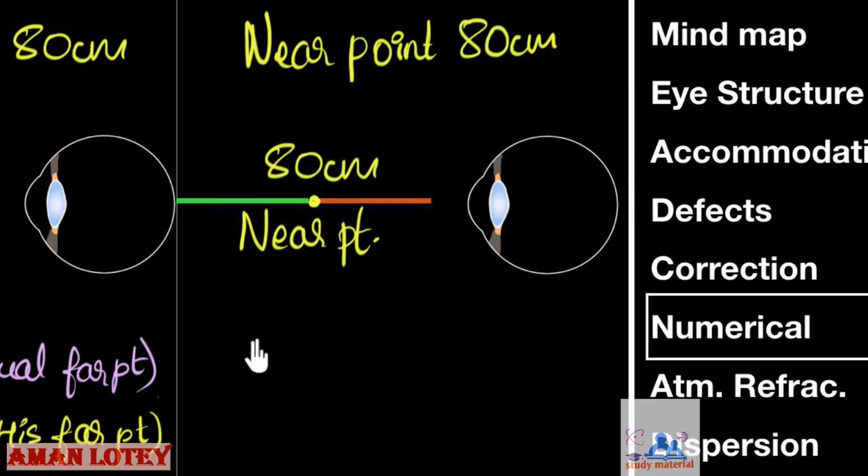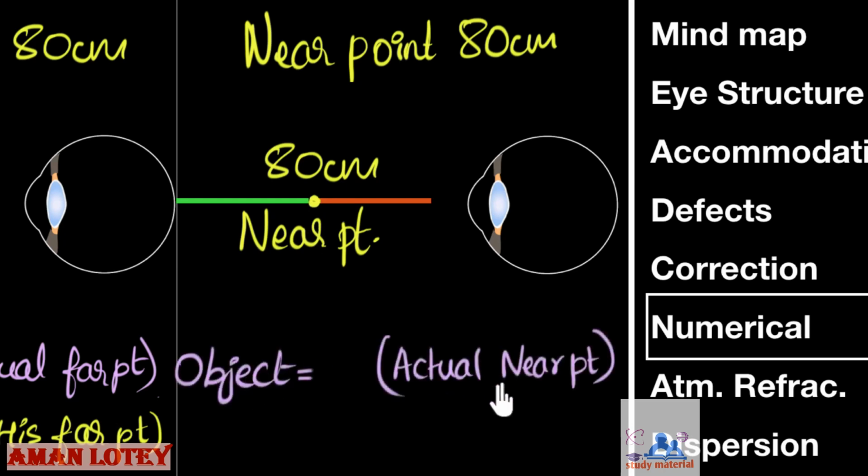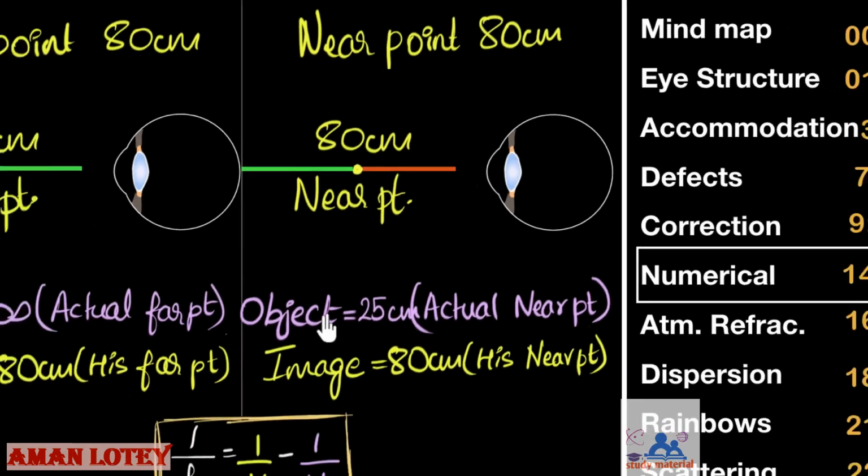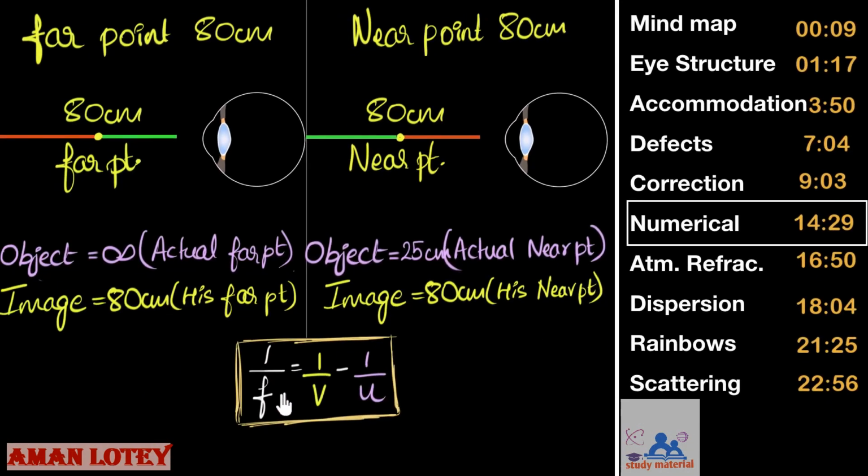Now we say, look, if I kept an object at its actual near point, because we're correcting for the near point this time, which is 25 centimeters, then the lens I'm using should be such a way that the image should now be formed at his near point, that is 80 centimeters. So again, we know the object distance, image distance, use the lens formula, figure out what the focal length is, what the power is, and then the sign will tell us what is the nature of that lens.